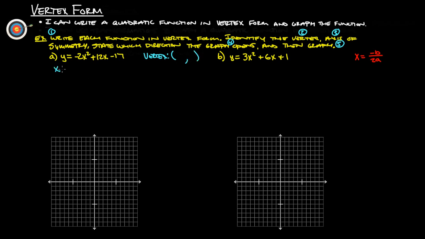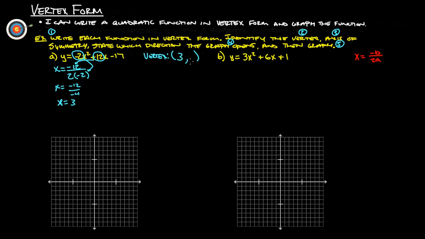To find the x, we'll do x equals negative b, which is this 12 here, negative 12, all over 2 times a, which is this negative 2 here. So we've got x equals negative 12 over negative 4, which simply gives us that x is 3.